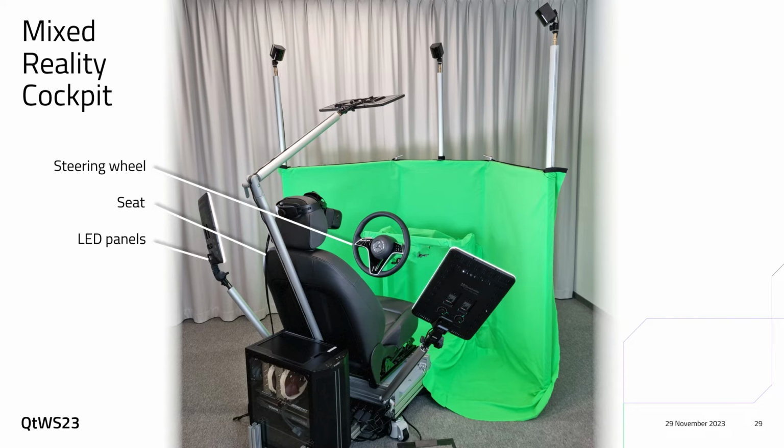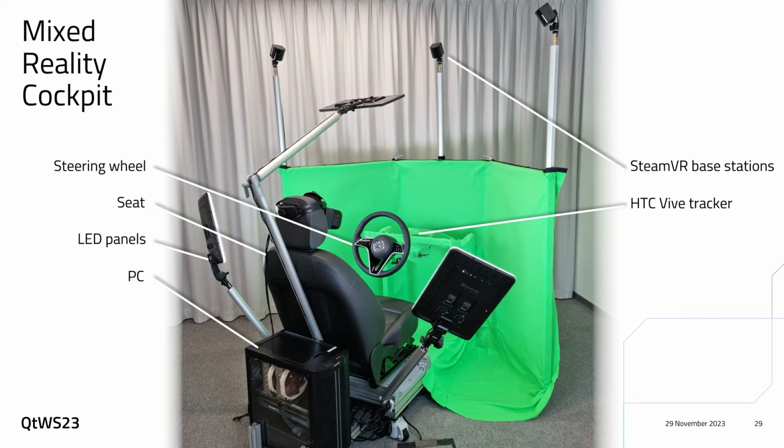Surrounding the seat, there are 3 LED panels that are providing the proper lighting to the scene, and the PC is positioned behind them. At the top, 3 SteamVR base stations are responsible for the headset tracking. Additionally, we have the HTC Vive tracker that is concealed by the steering wheel. And what else can be identified?